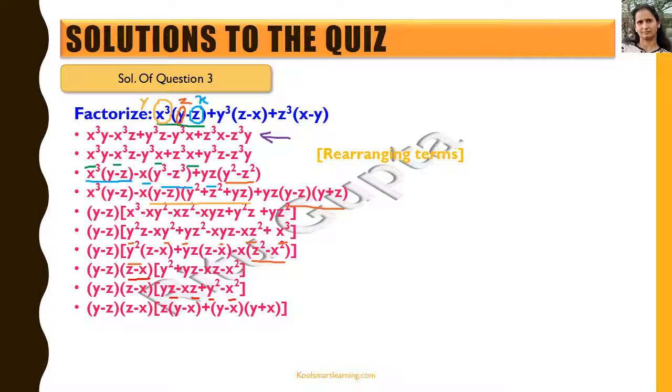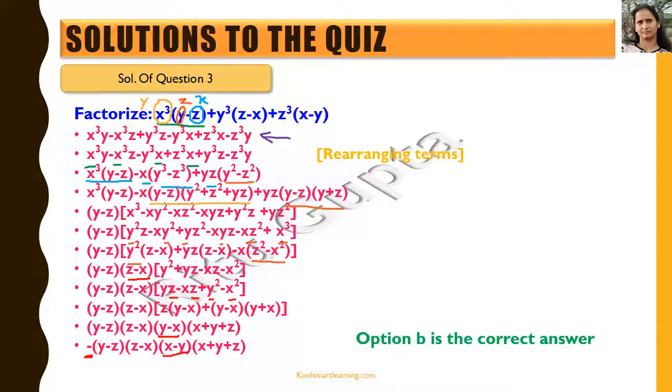So we can take out y minus x from this expression, and we get y minus z into z minus x into y minus x into x plus y plus z. Now based on the options that we had, we change y minus x into x minus y and take out the minus sign. So we get minus into y minus z into z minus x into x minus y into x plus y plus z, and option B is the correct answer.